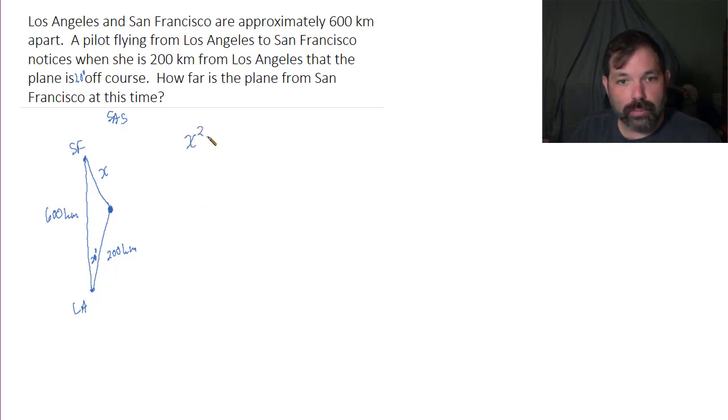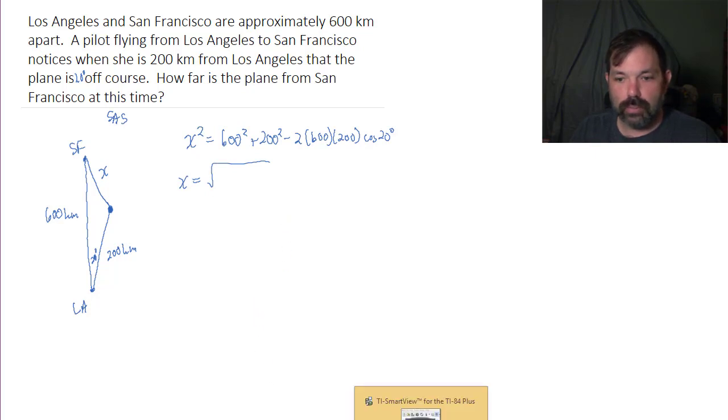Then x squared would be 600 squared plus 200 squared minus 2 times 600 times 200 times the cosine of 20 degrees. And so then x would be the square root of that result.